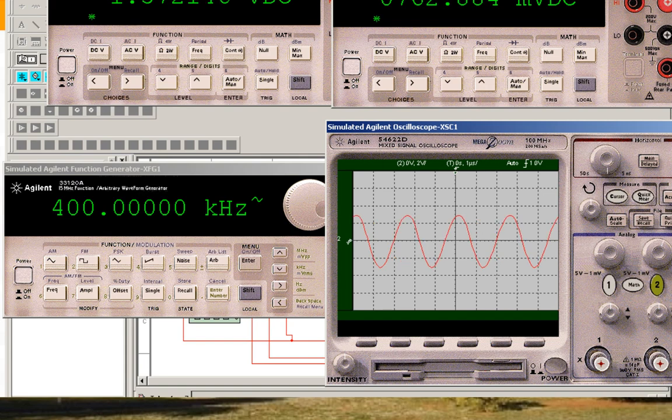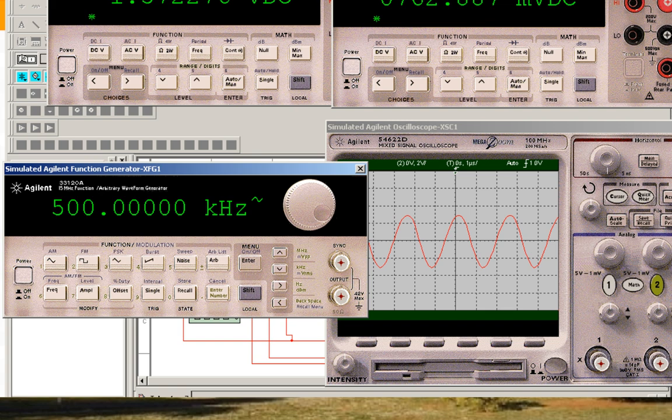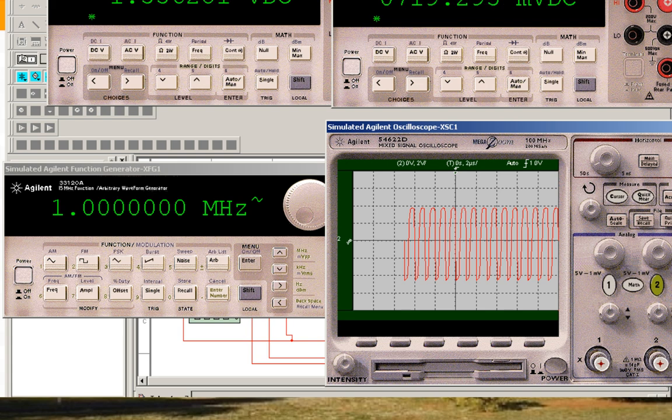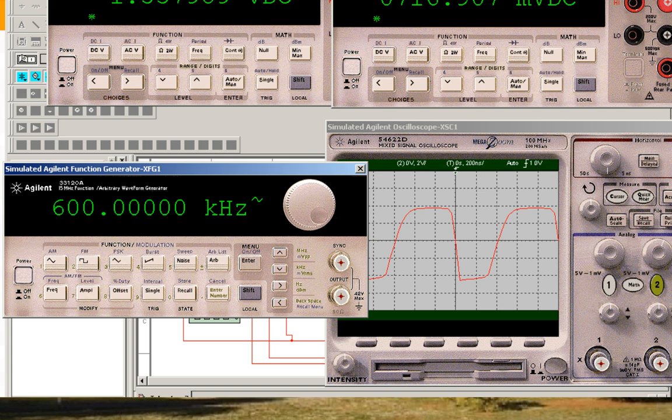It's there, but it's really small. I guess at 500 kilohertz, it really kicks in. Now that's really messed up there.